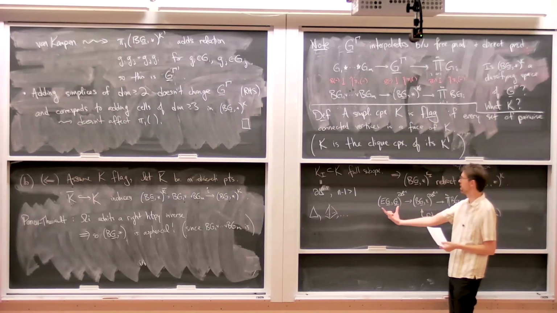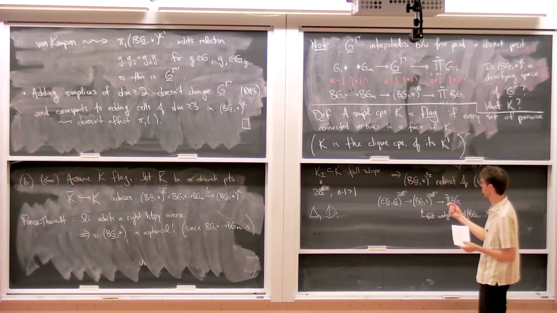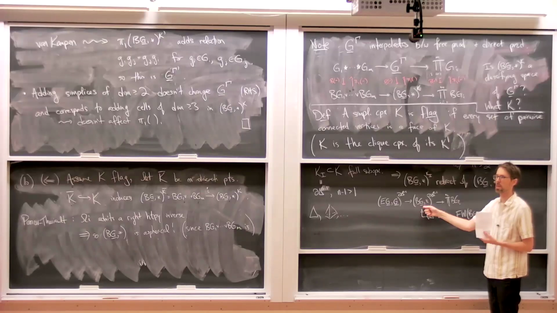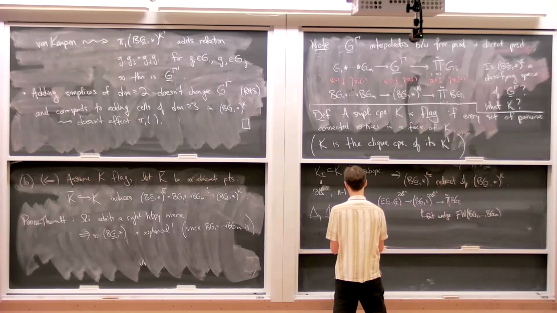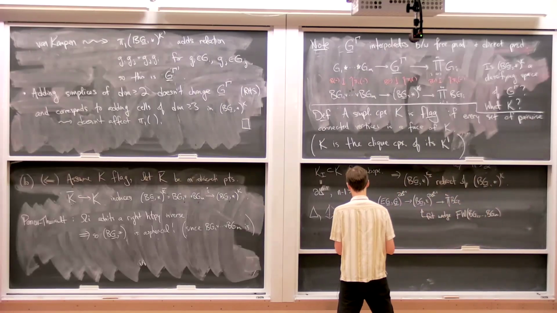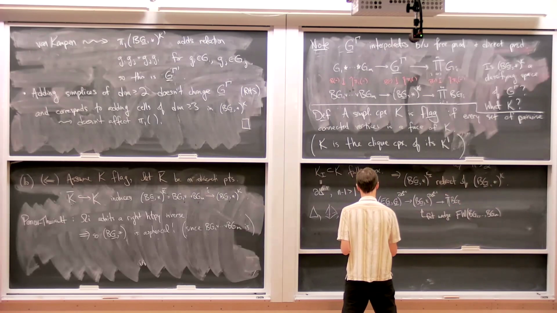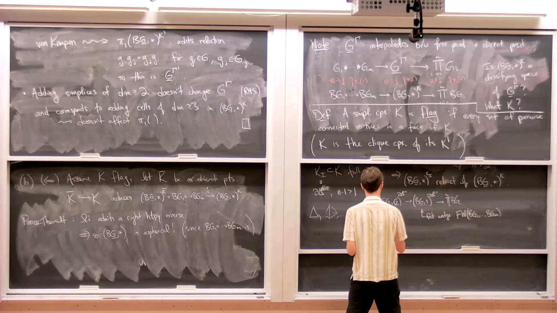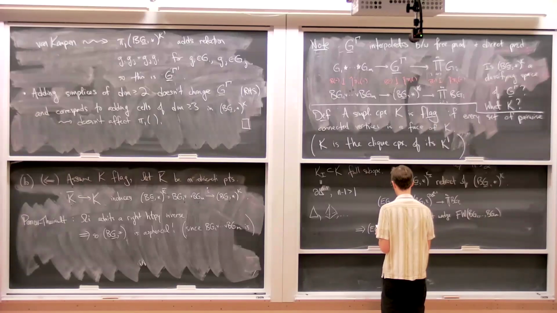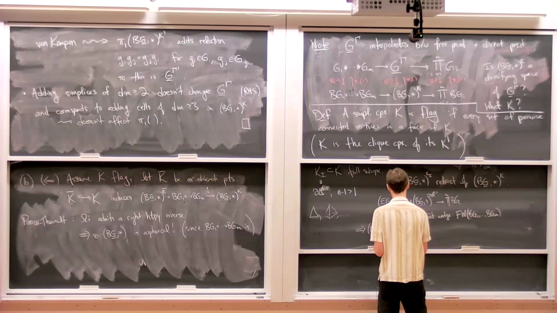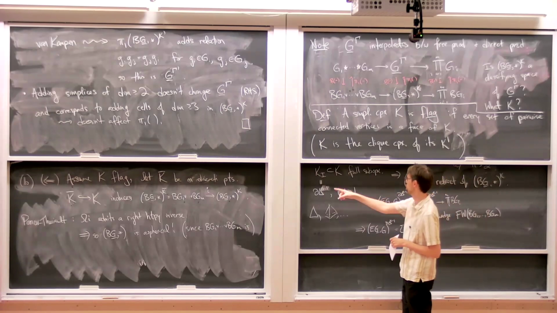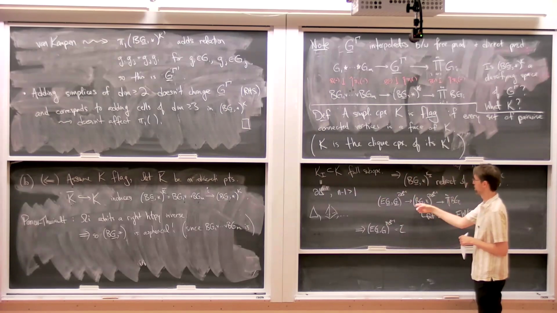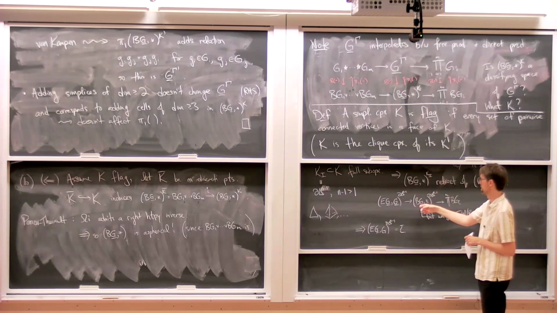And the fiber just looked like a big iterated join of loop spaces of your ingredient spaces. But the loops on BG is just going to give us copies of G. That's just going to be an I-fold join of a bunch of omega BG's.